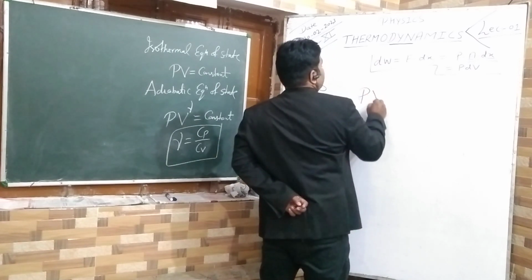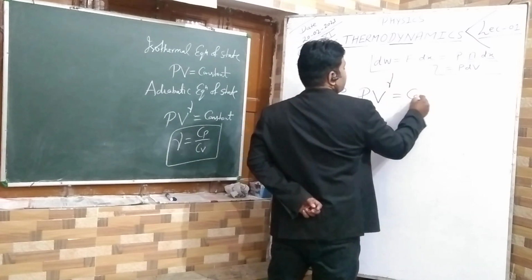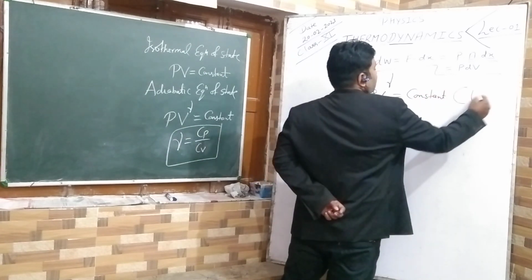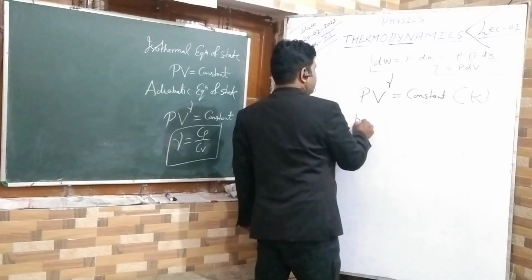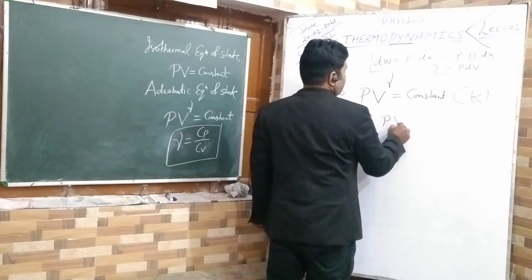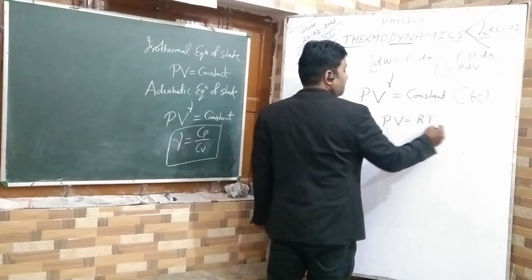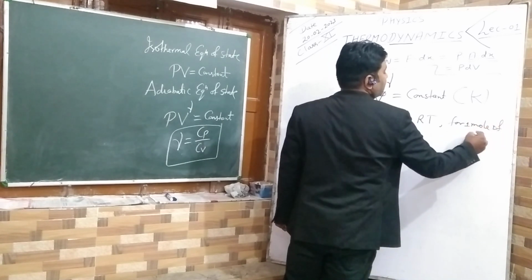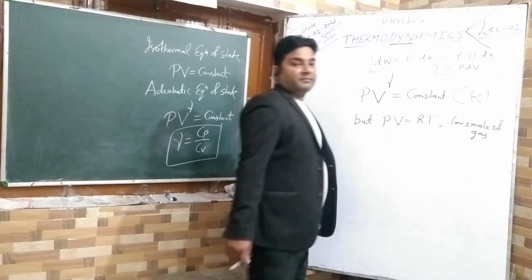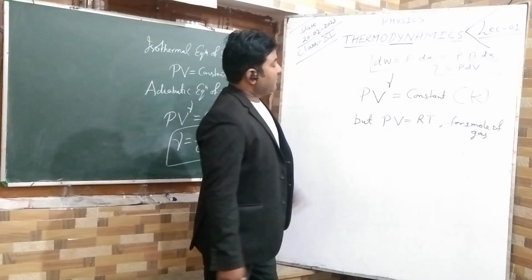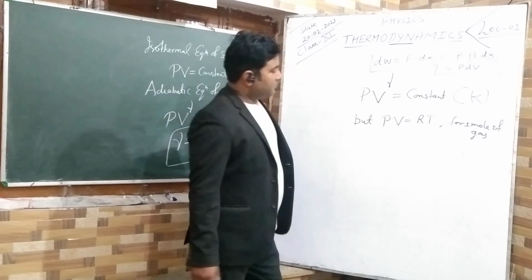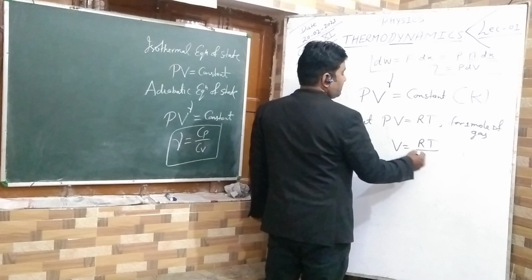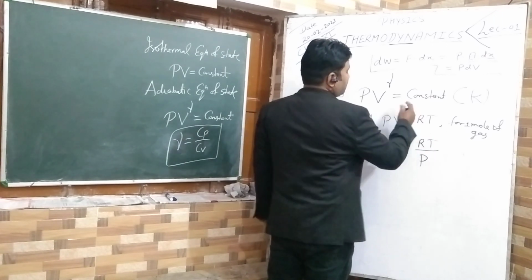PV to the power gamma is equal to constant. Constant means nothing, just constant K. But PV is equal to RT for 1 mole of gas. After this, PV is equal to RT. The value of V is equal to RT upon P. Then put this value in the above equation.